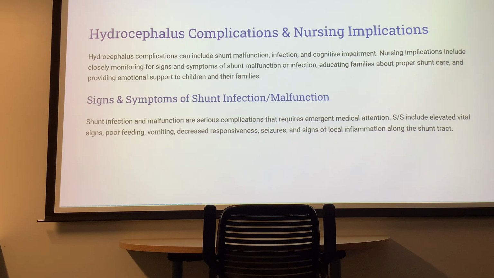Cushing's triad, right? All of those signs and symptoms that we talked about, things to look for in your kiddo with potential for ICP, right? So decreased responsiveness, and if it's infection, maybe they've got local inflammation along the shunt, right? So if they've got an infection there, you're gonna see maybe a nice little red track mark that is inflamed along there, okay?